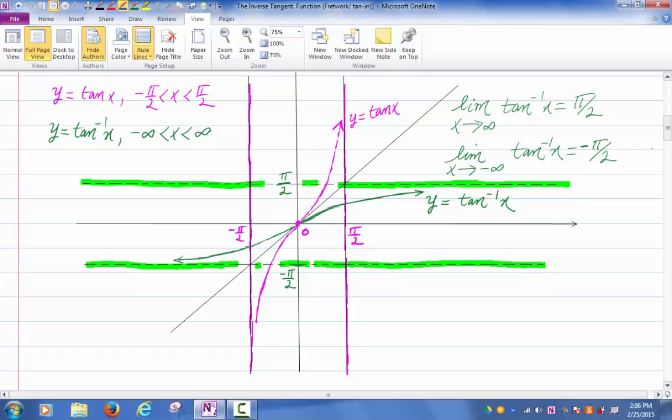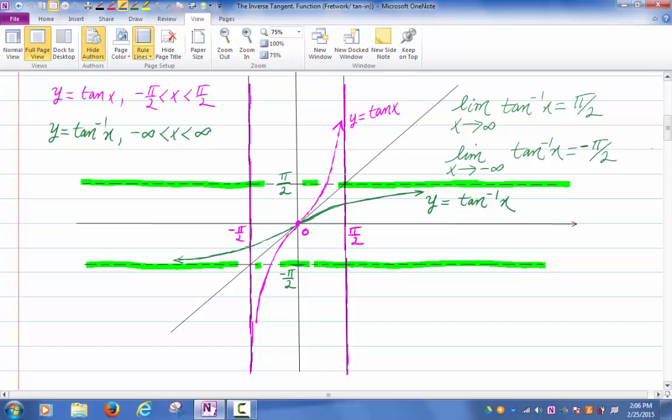It is 1-to-1 there, so it has an inverse, right? So y equals tangent inverse of x. What would be the domain of the inverse tangent? It would be the range of tangent, and the range of tangent is all real numbers. So that's the domain of tangent inverse.